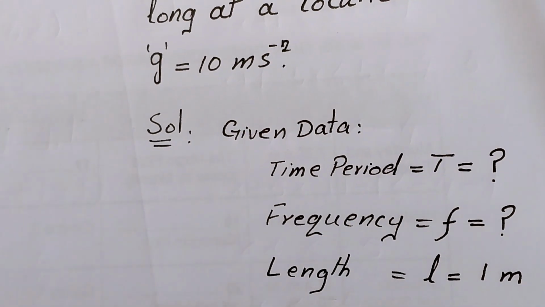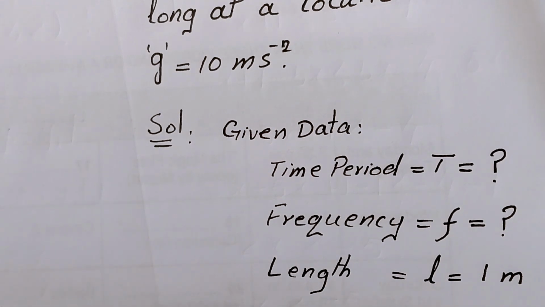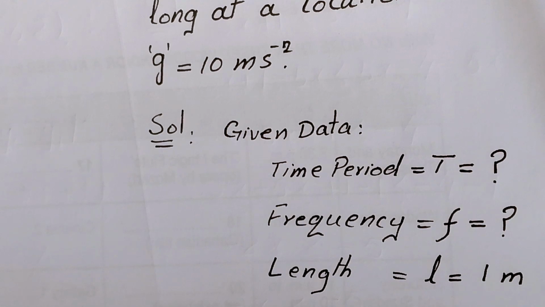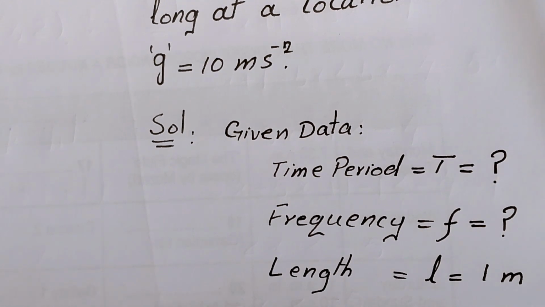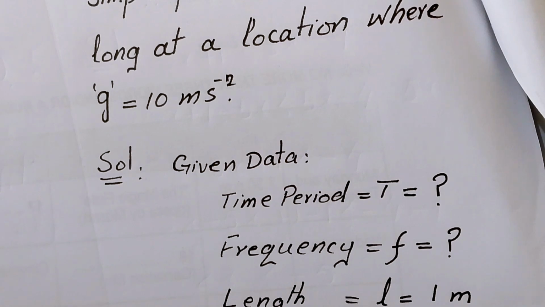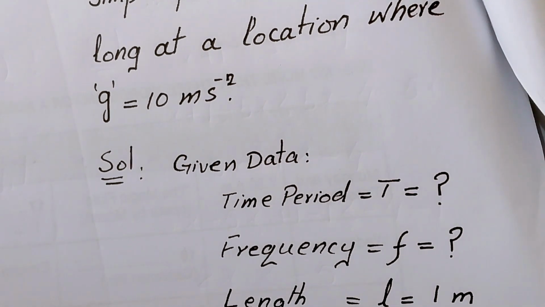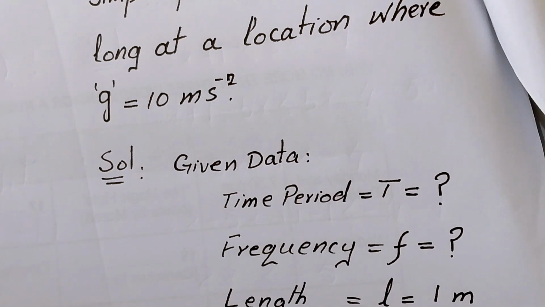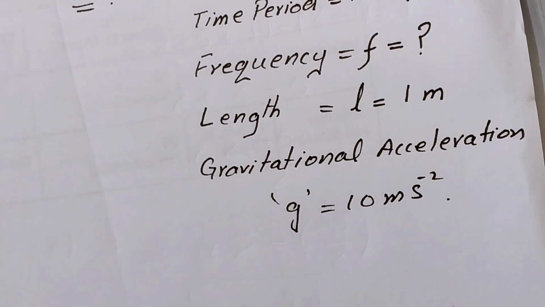So gravitational acceleration, that is denoted by g, and it's given 10 meter per second square.